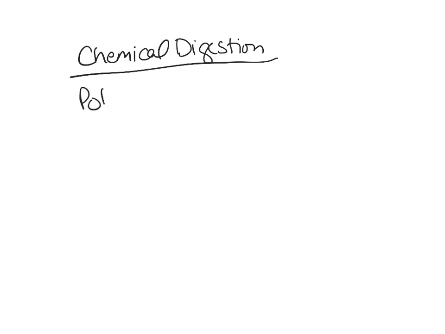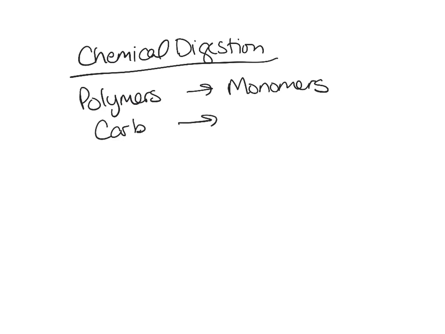When they're brought in, they are polymers, and they have to be broken down into the smallest unit, which we call monomers. So, for example, a carb is a polymer, and it has to be broken down into a simple sugar, like glucose. A protein is broken down into its monomer, which is amino acids.